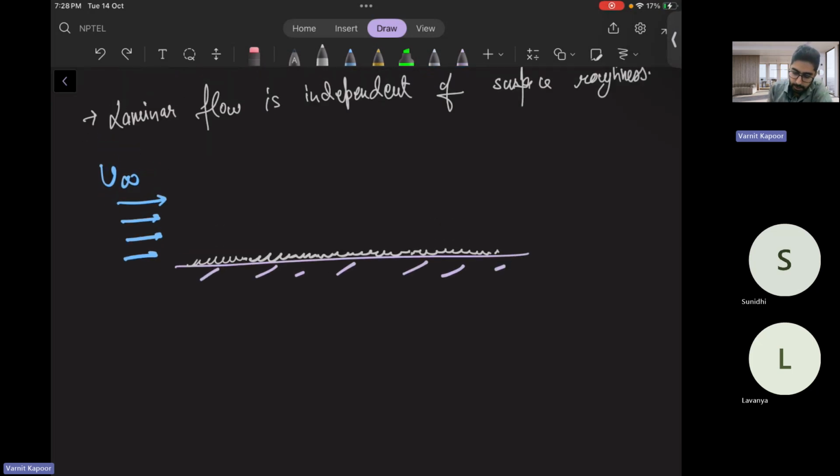Since the inertia effect of U infinity is more, this implies the flow remains laminar.